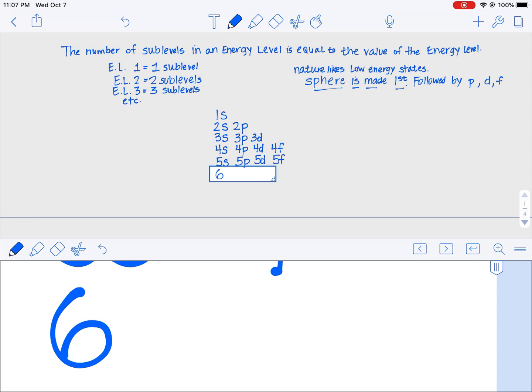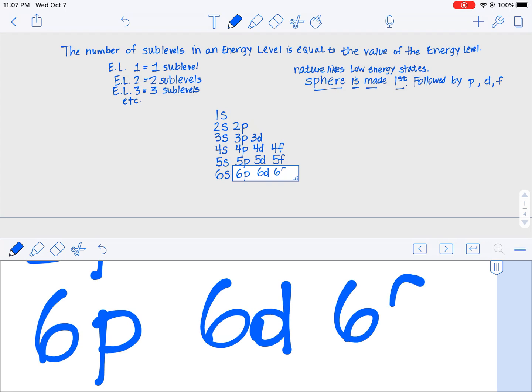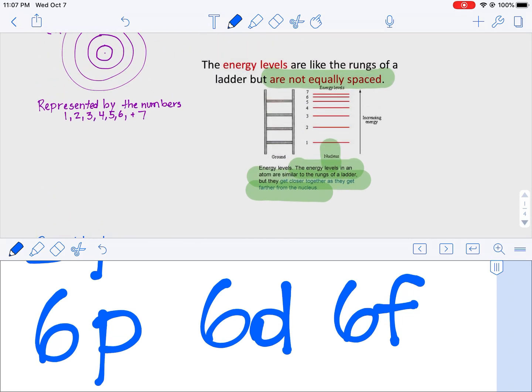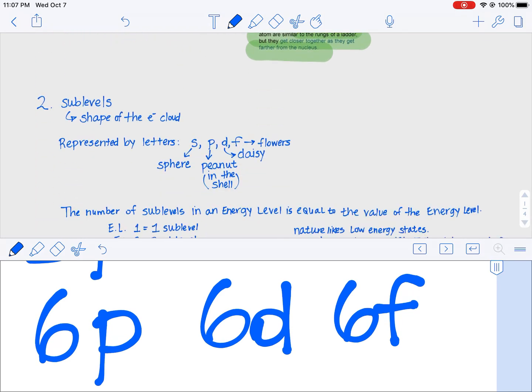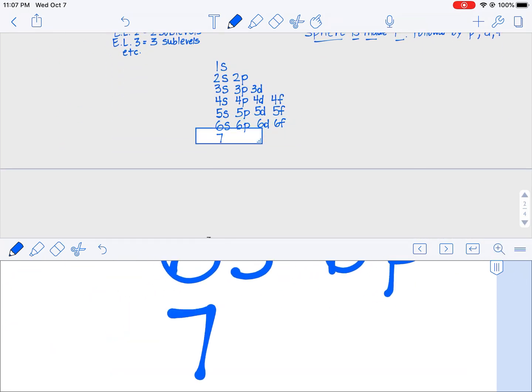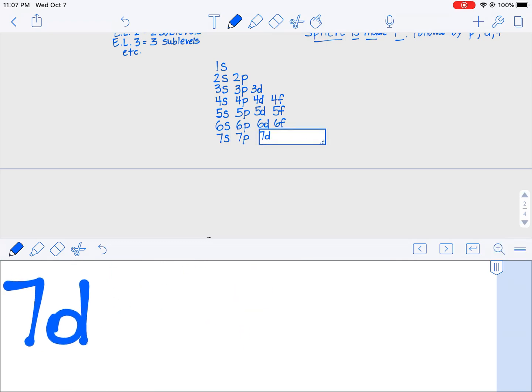Energy level 6 theoretically has six sublevels, but only four exist. S, P, D, F. And our final energy level, right? Energy levels, we said they're represented by the numbers 1, 2, 3, 4, 5, 6, and 7. Energy level 7 should theoretically have seven sublevels, but only four exist. S, P, D, and F.